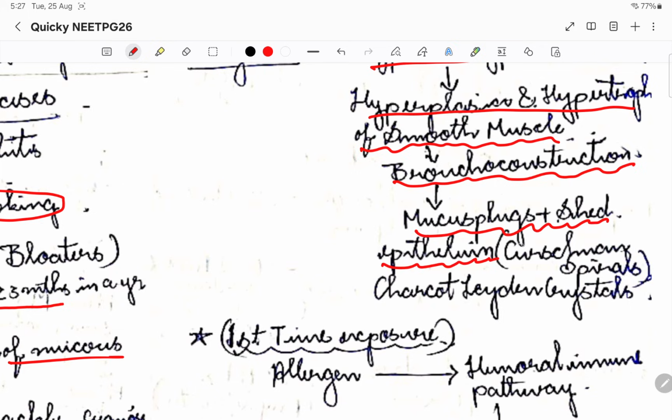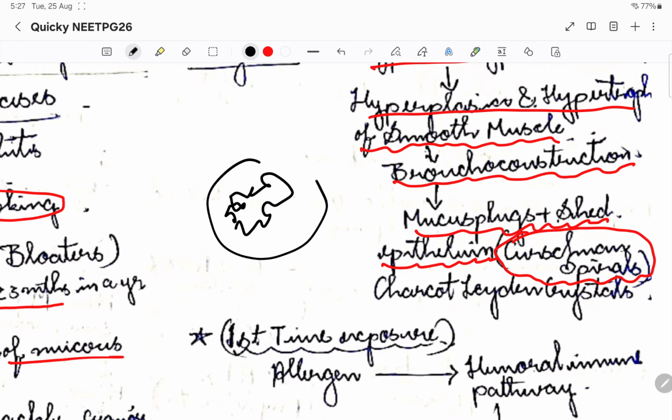Pathognomonic are Curschmann spirals. When we check the sputum, there will be spiral-like Curschmann spirals. This is how Curschmann spirals would look like. This is very pathognomonic of asthma. So bronchoconstriction leads to mucus plugs and shedding of epithelium.